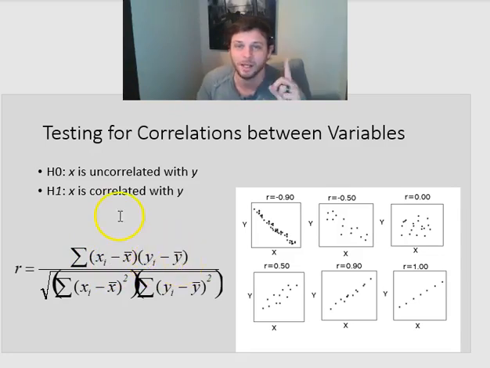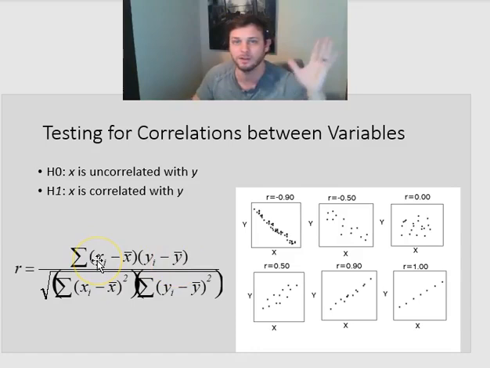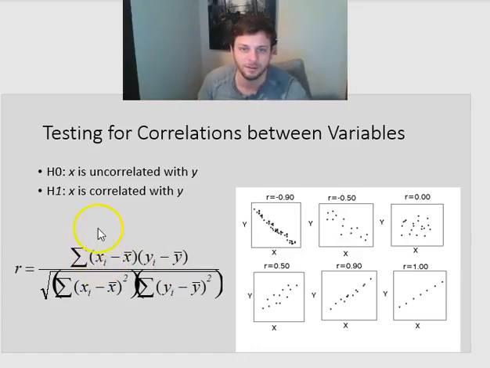If you have plant 1, using the dandelion example, you'll look at the number of leaves subtracted by the mean, and then the number of flower heads for that same plant subtracted by the mean for those flower heads. Okay? And you do that with all your samples. So if you have 10 samples, you'll have sample 1, sample 2, sample 3, and you'll go through that. And then you'll add all those up.